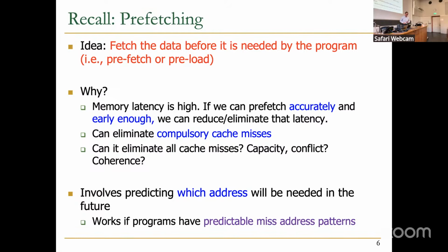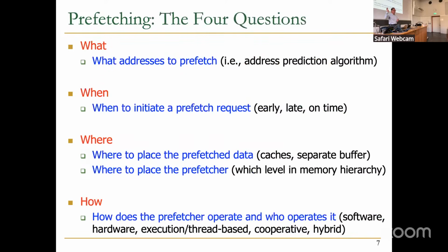Right. Okay, so we covered some of these questions. We're not going to go through them again, but we covered these basics. There are 4 questions in prefetching: what, when, where, and how. What addresses do you prefetch? We're going to talk a lot about that today, actually. What is the address prediction algorithm? When to initiate a prefetch request? Timeliness of the prefetcher is very much dependent on when you initiate the prefetch request.